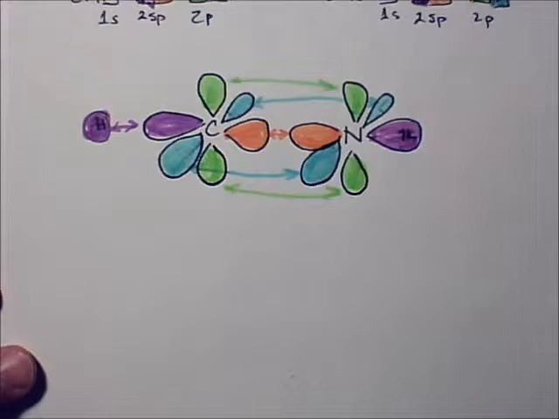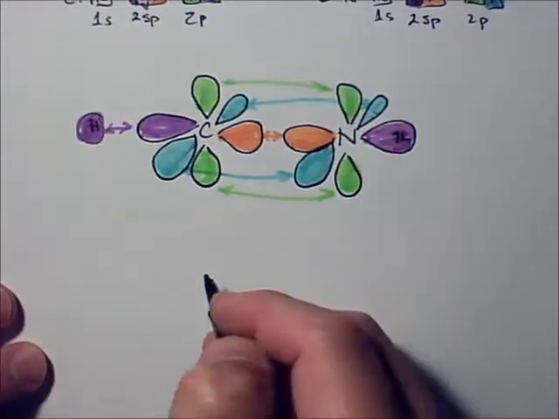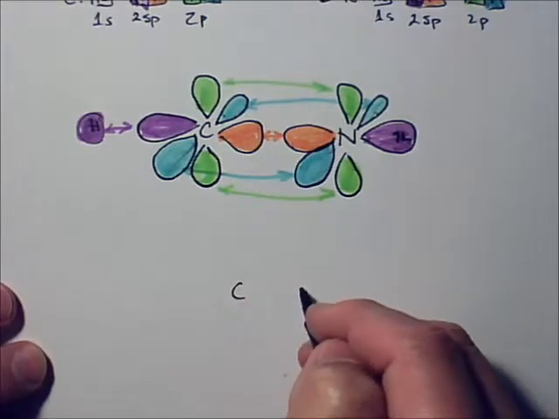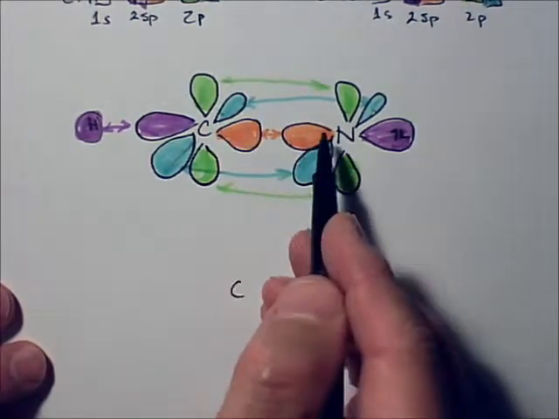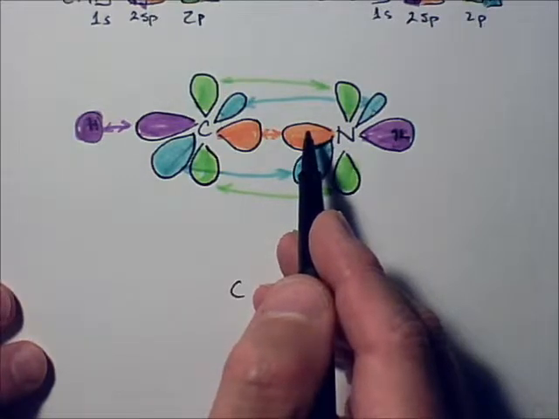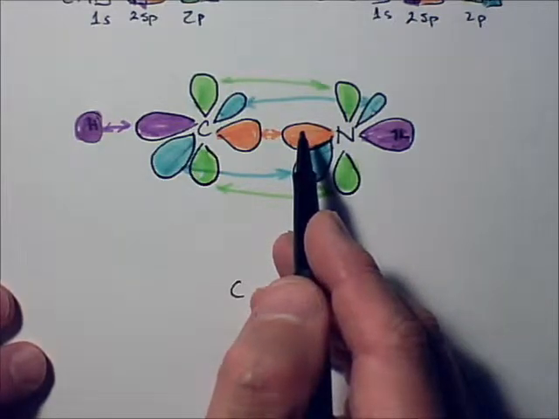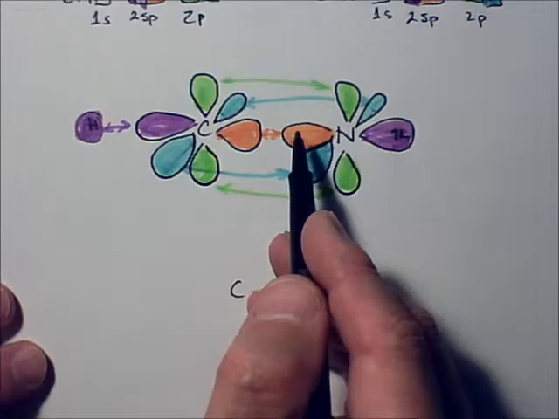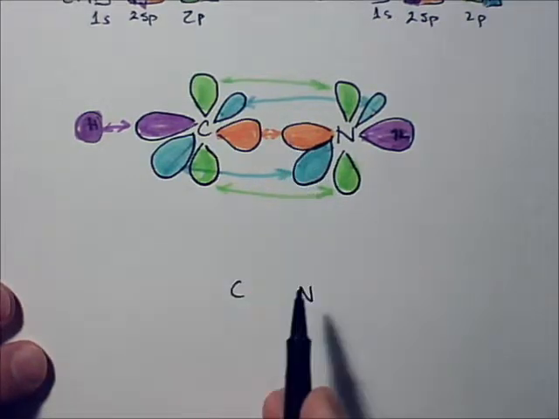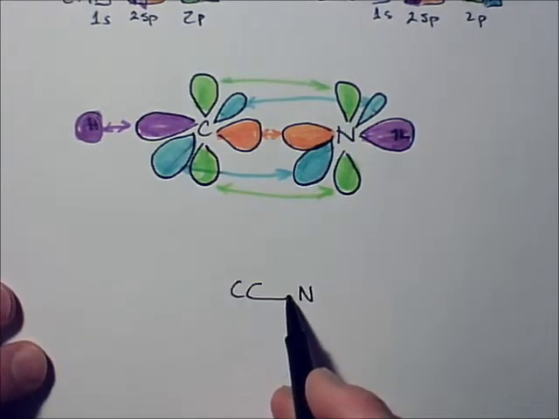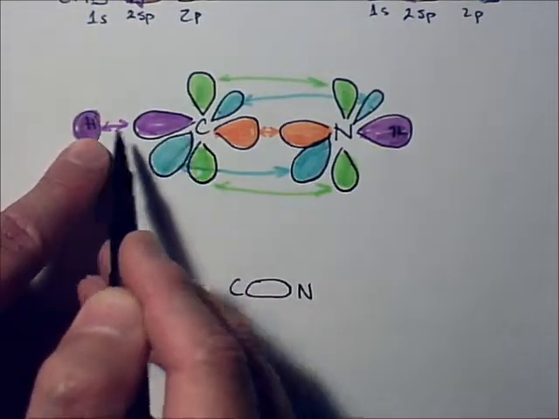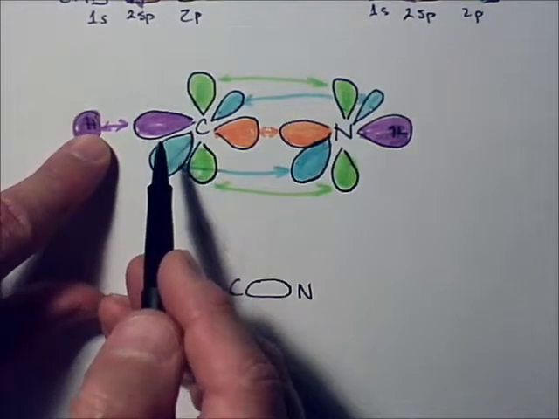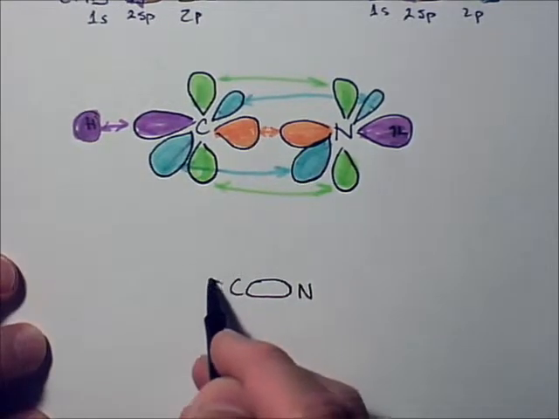All right, let's see how it all comes together when we draw it, like balloons are forming our bonds. Carbon and nitrogen: this is a bond directly on the line between the two nuclei. And a bond directly on the line between the two nuclei forms a sigma bond, and that's a single balloon shape. Here's a bond directly on the line between the two nuclei. That must be a sigma bond as well.